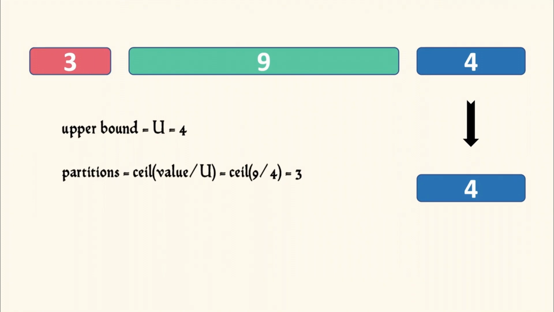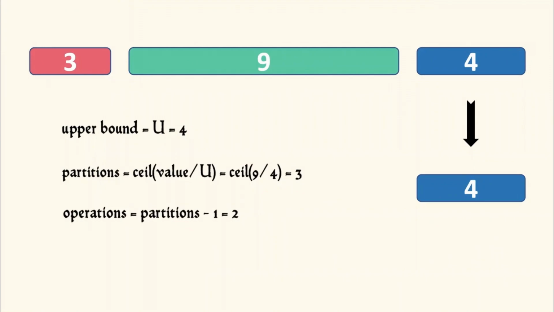Ceiling of 9 divided by 4 will lead to 3 as the number of partitions for the value of 9. Number of operations needed for these partitions is partitions minus 1, which is 2.